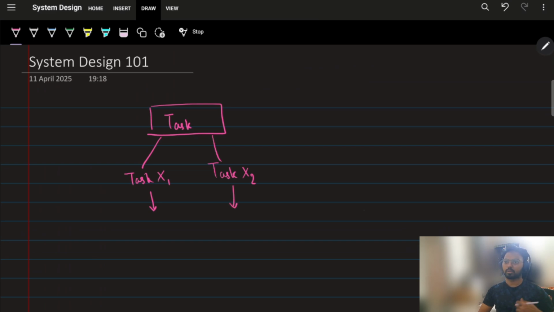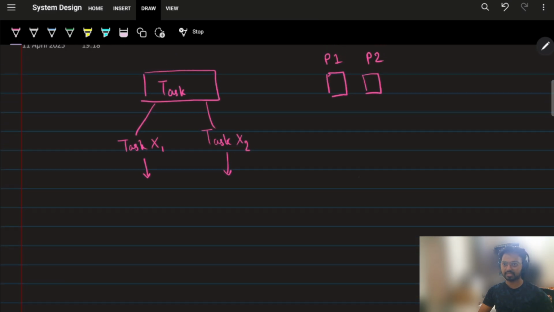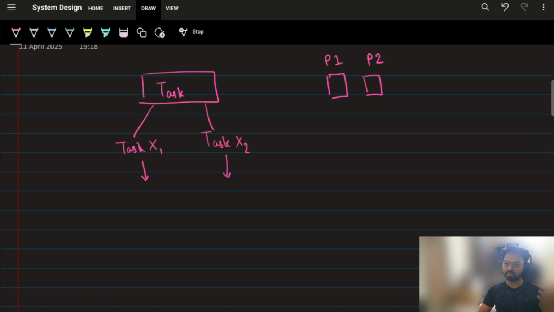Now, you can run these tasks concurrently across multiple processors, multiple cores, or multiple machines. For example, you can say you have multiple processors on your system: this is processor 1 and this is processor 2. Another case is running on multiple cores. If you enlarge a processor, you can find that it has multiple cores: core 1, core 2, core 3, core 4.